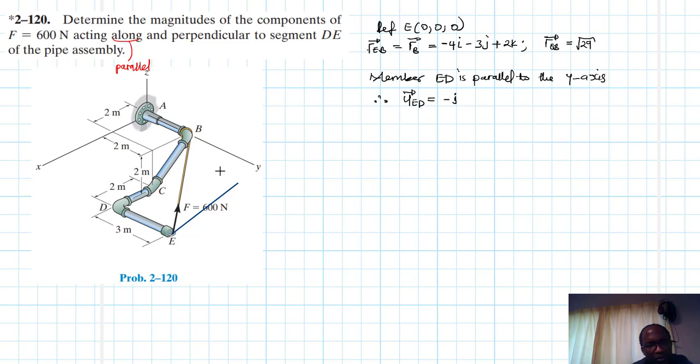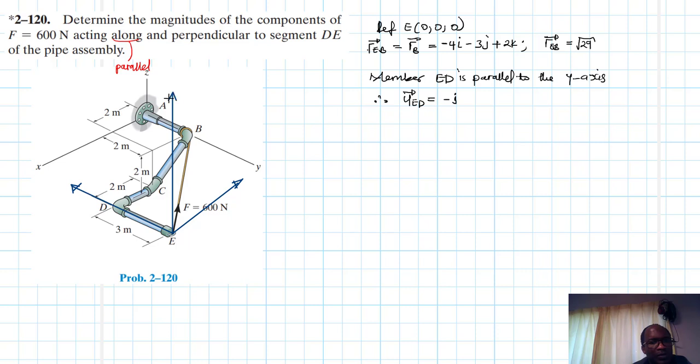To have a component in this direction, and then it will have another component in that direction like so, that is in the y and is negative also. And then it will have a component in the z which is positive, something like that.